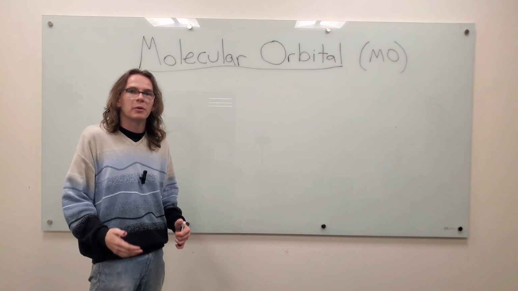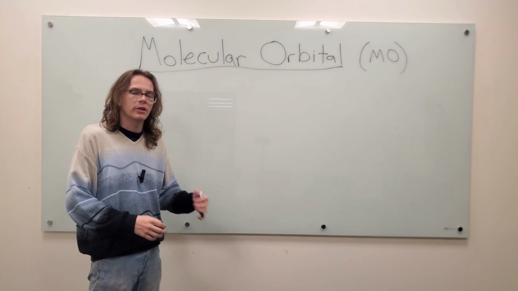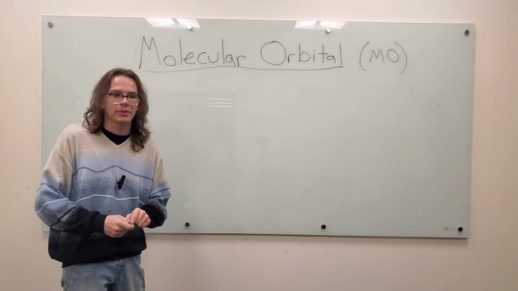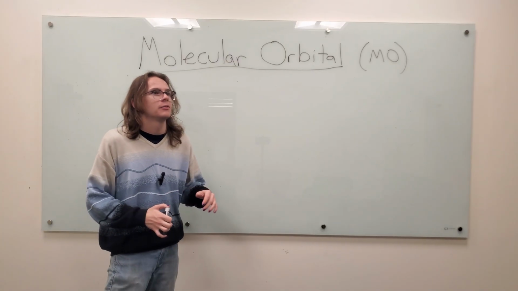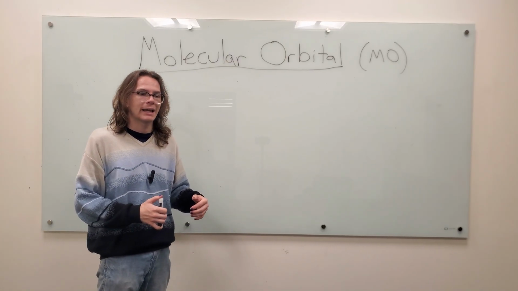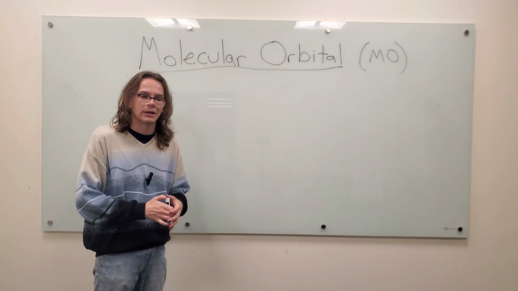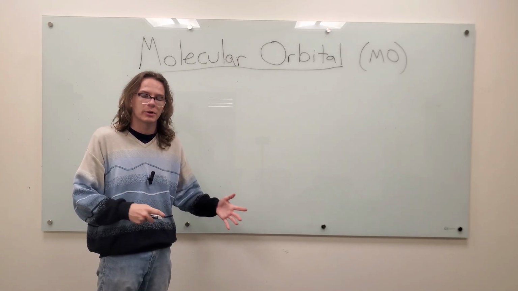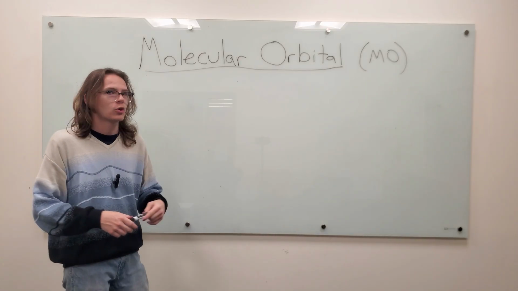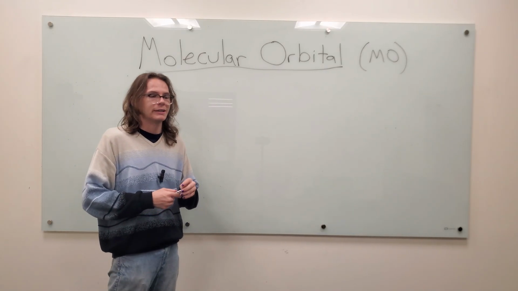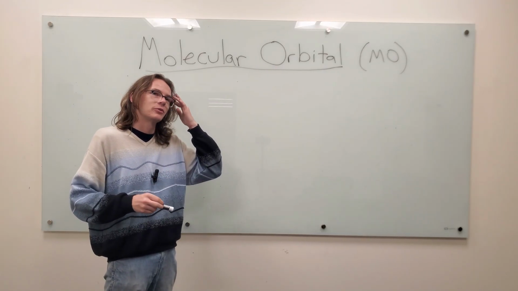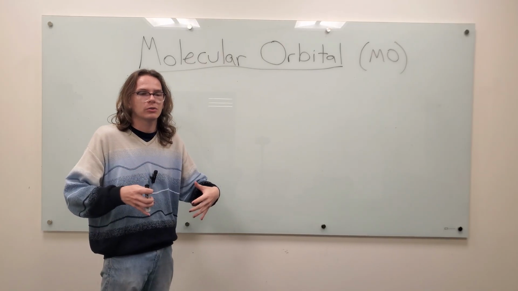So next we're going to talk about molecular orbital theory, which is another way that we can describe bonding. While valence bond theory describes bonding as the overlapping of different types of orbitals or hybridized orbitals, molecular orbital theory describes bonding as a mathematical combination.